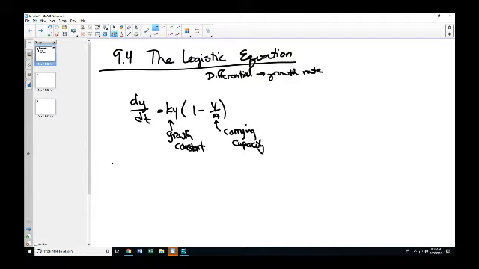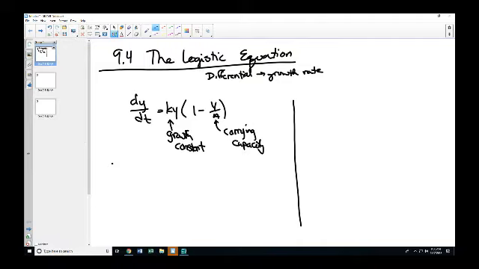Okay, so working within this, we have lots of different information we can glean from it. Let's look at this graphic right here.